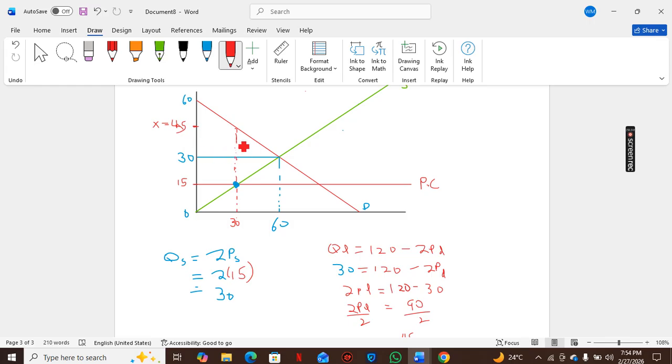So colleagues, now this is how our diagram is going to look because of the price ceiling. Okay, your consumer surplus is now going to become a trapezium, like this. Where the price ceiling ends, that's where the consumer surplus ends also.